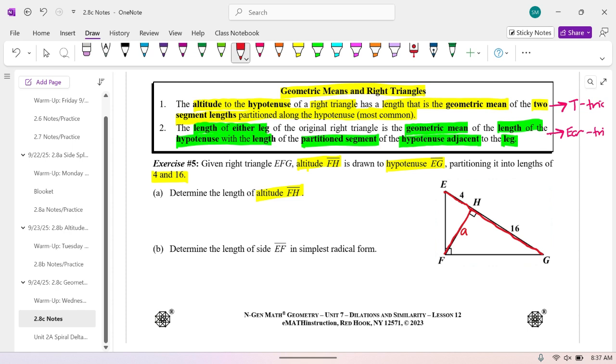That's the altitude and then the big hypotenuse at the right angle. So the two partition sides. The T trick is the formula side 1 over the altitude equals the altitude over side 2, and it doesn't matter which one you pick for which.